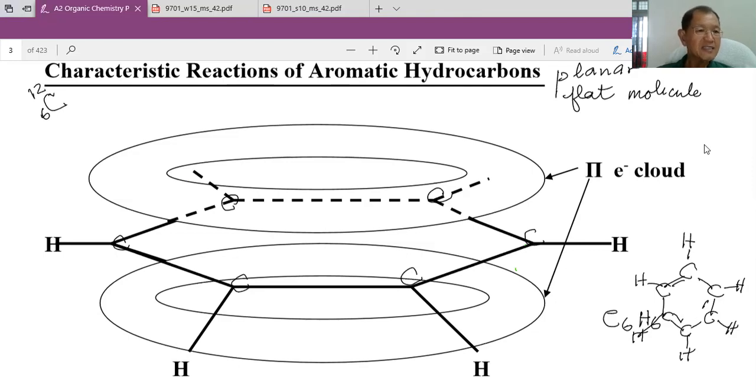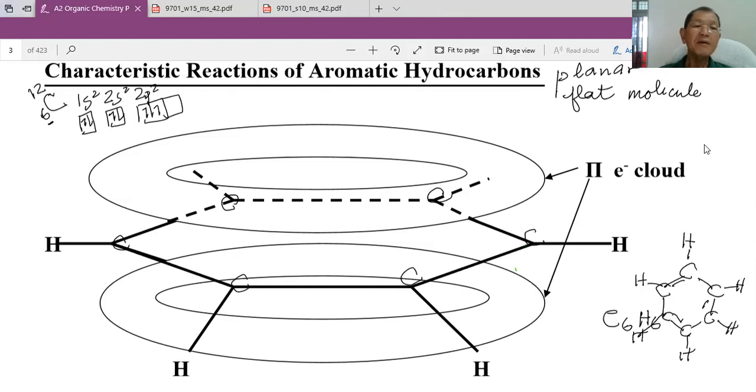It has six electrons. So the electron configuration is 1s2, 2s2, and 2p2. Now this is in the ground state. So if you draw the boxes here for the orbitals.